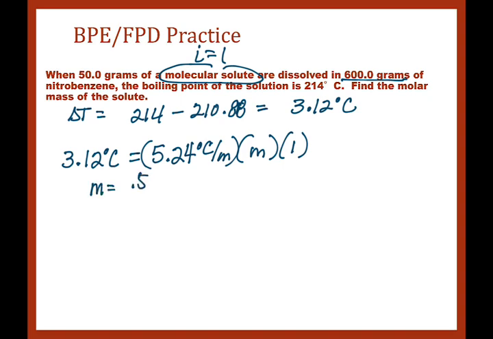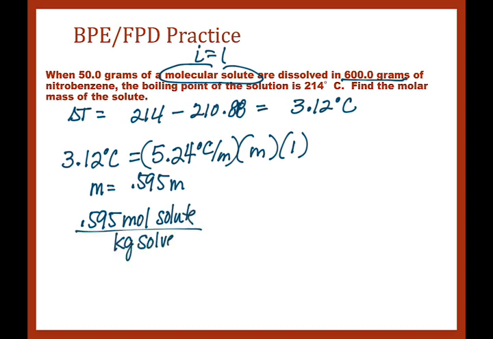of 0.595. And so remember, when you see that 0.595, that really means moles of solute over kilograms of solvent. That means the same thing. So it told me that my solvent was 600 grams.